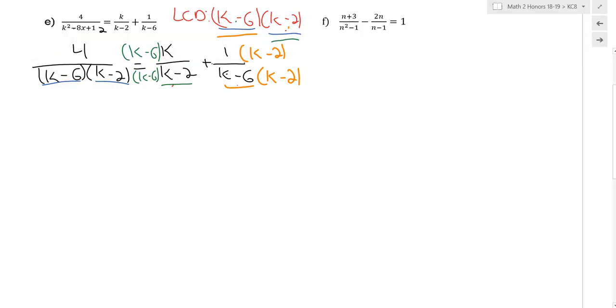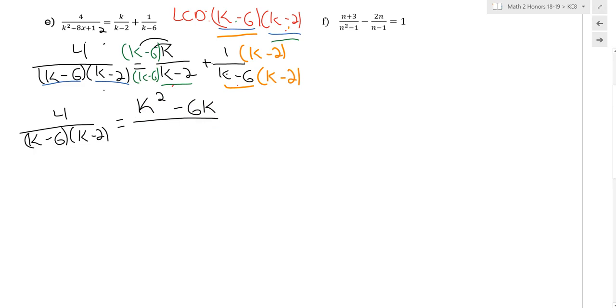So let's do some multiplying. We didn't change this one at all, so it's just still 4 over k minus 6 times k minus 2. Here we have to distribute this k, so that's k squared minus 6k. Here, just keep it as k minus 6, k minus 2.